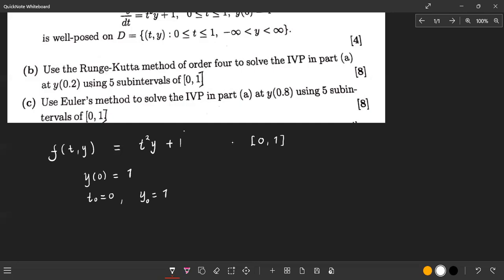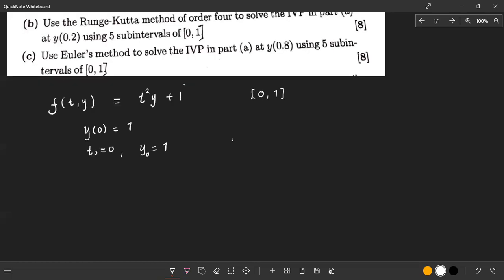So the formula for the Runge Kutta method is given by: you can find the y value. y is equal to y naught plus k. This is the simplest formula. There are different notations. Some use w, so w_i. I'll call this y_i, equal to w naught plus k.